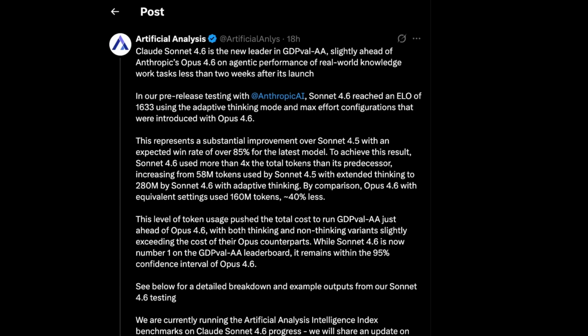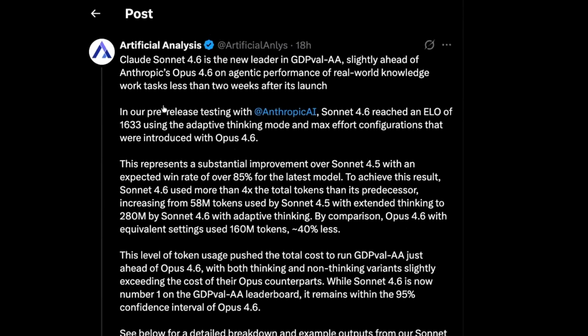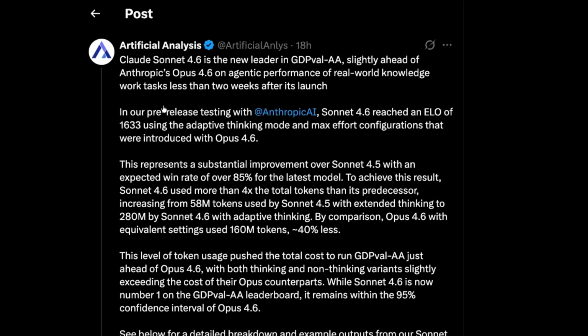If we look at the independent benchmarks and evaluations, one of the most reputable ones that I see nowadays are run by Artificial Analysis. And they basically say that this is a really good model, that it's much smarter, that its intelligence is high, except for one issue.